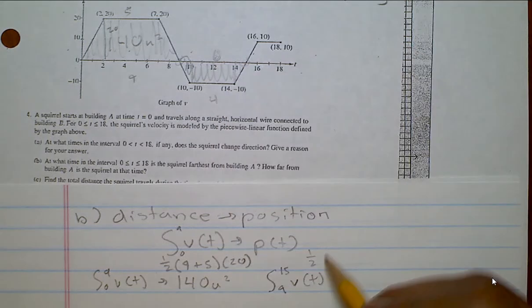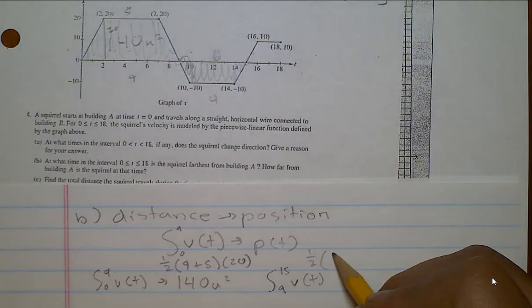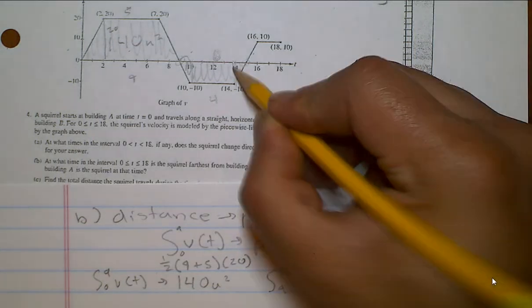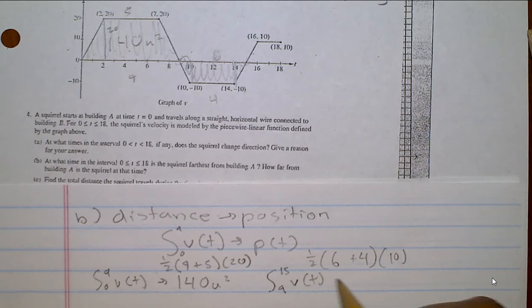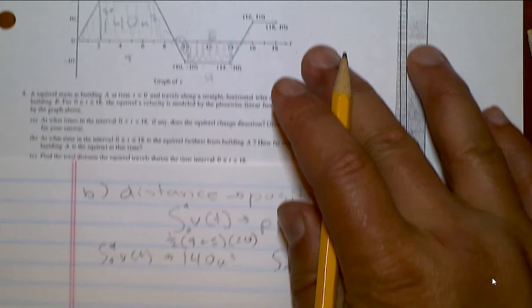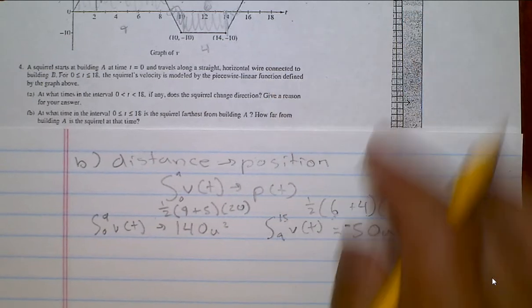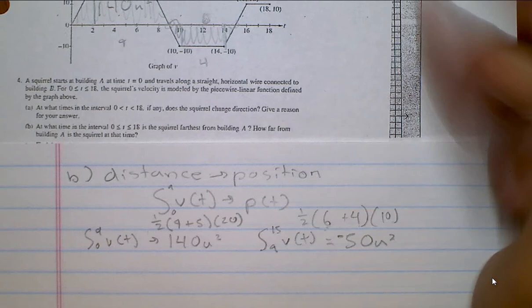So 1/2, that's base 6 plus 4, and the height here is 10. So the integral from 9 to 15 would be 50 units squared. But in this case, this is a negative distance traveled. What is the last area here?